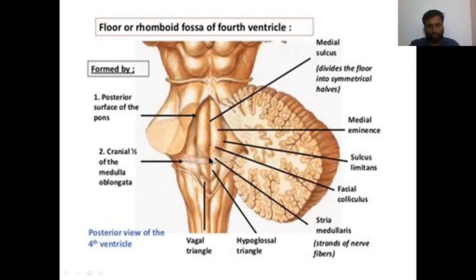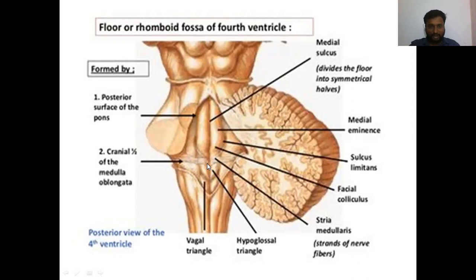Towards the middle portion of this fossa, we can see some fibers which run horizontally. Those fibers are known as the stria medullaris. Below the stria medullaris, we can also see a part of this median eminence. This part, almost triangular in shape, is known as the hypoglossal triangle. So, between the median sulcus and the limiting sulcus is the median eminence.